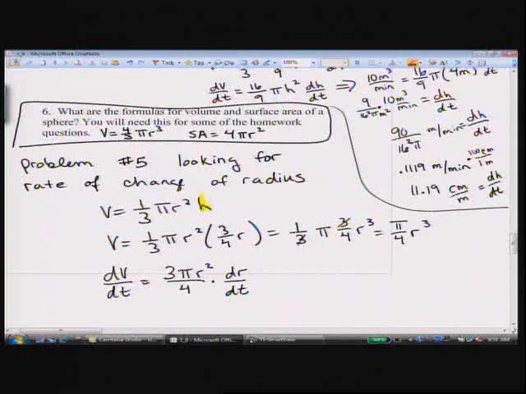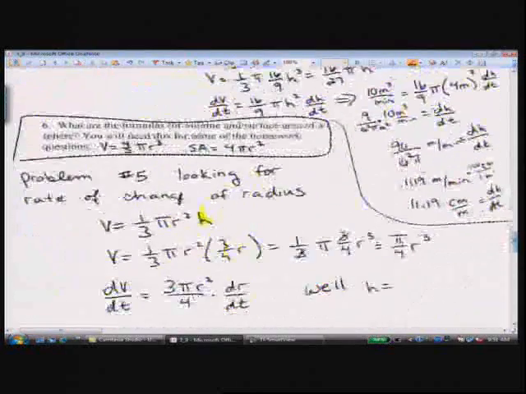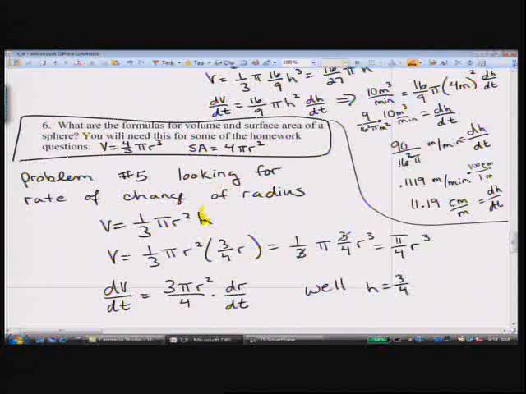We're looking for dr/dt. How do we figure out what r is? Well, we know that h is equal to 3/4 r, which means that r is equal to 4/3 h, right?